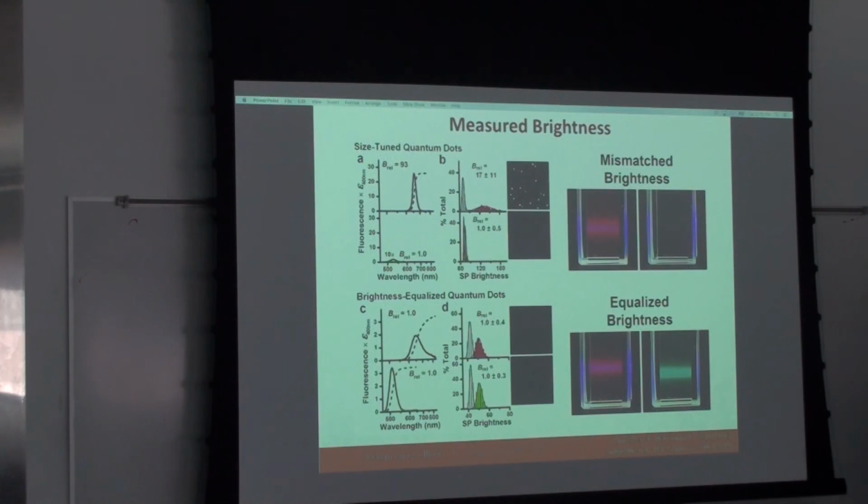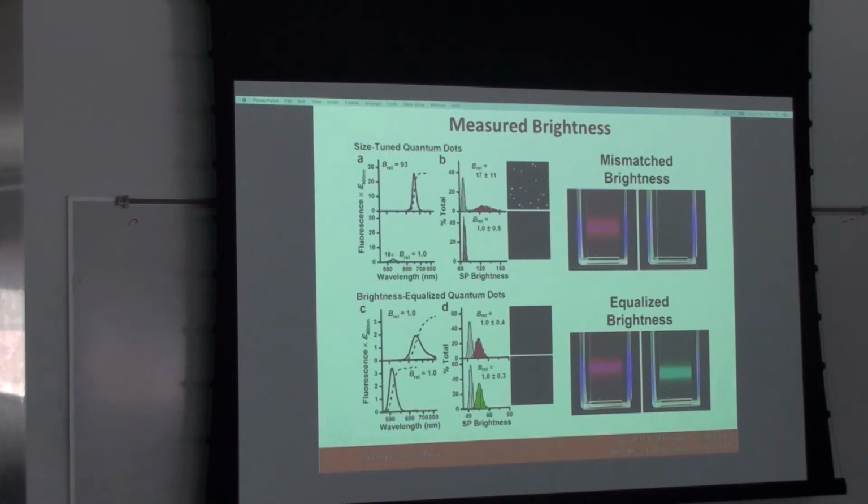And so this translates from the fluid level. This is the brightness values. Basically, this peak here indicates the brightness of a red quantum dot versus a green one for the size-tuned particles. And as you can see at the single molecule level, the red ones, the bigger ones, are very bright compared to these green ones. It's hard to see these images here.